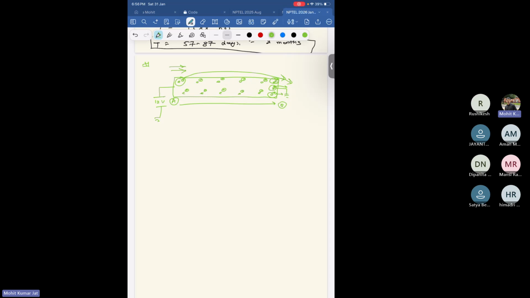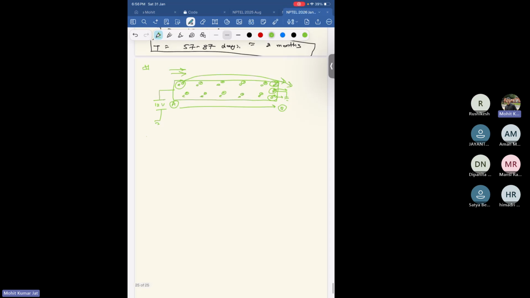Yeah. So this is the reason, because electromagnetic waves move at the speed of light. That is 3 into 10 power 8, at least in vacuum, is the speed, right?